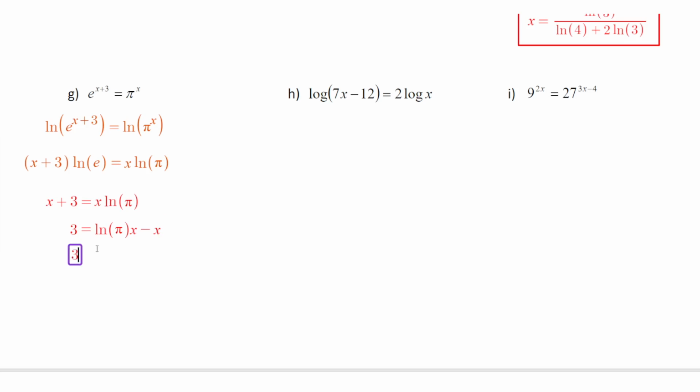So I get 3 equals x times the natural log of pi minus 1. And then to finally get x, I need to divide both sides by natural log of pi minus 1. So my final answer here is going to be 3 divided by natural log of pi minus 1.